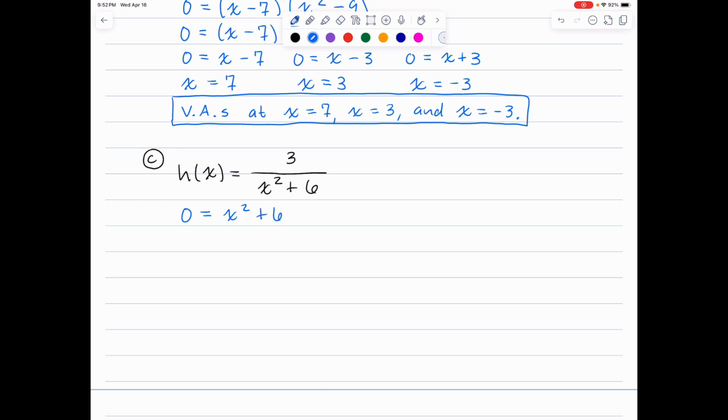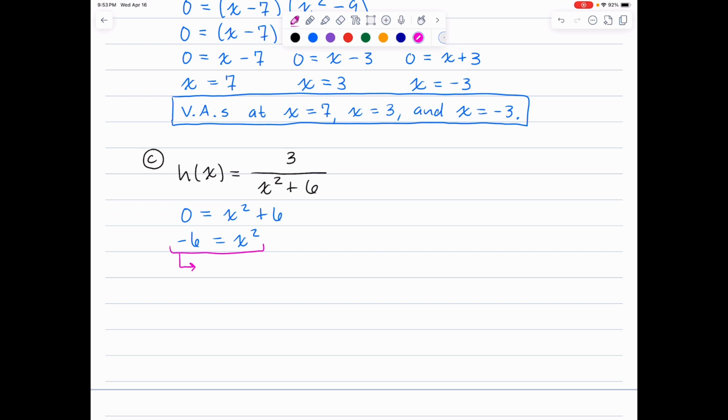Now I'm going to subtract 6 from both sides so we can see something here. So negative 6 equals x squared. Now I want you to notice something, that this here can never happen in R, right? I would need an imaginary number to make this true, but we're not even going to concern ourselves with imaginary numbers, right?